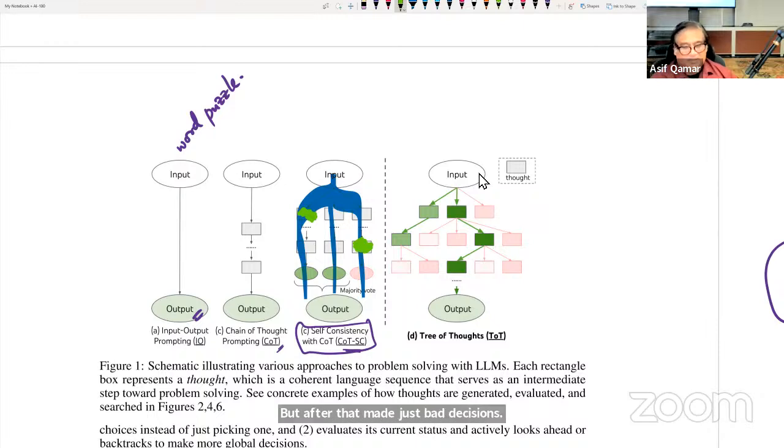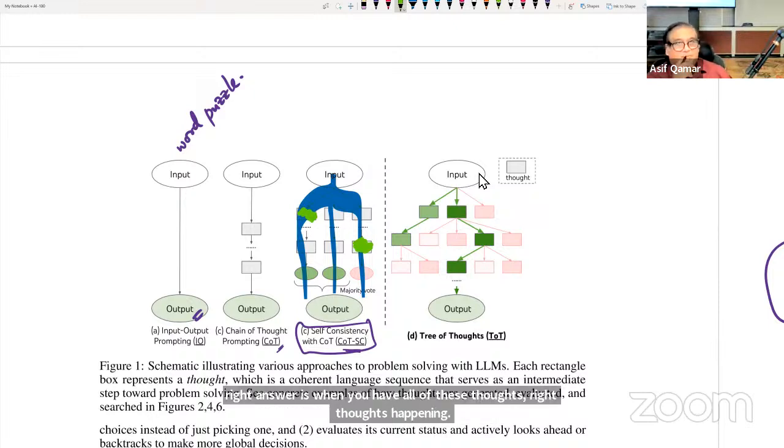Somebody else may have thought the second step really well with the poor first step, but after that gotten lost or something like that. I'm just giving an analogy. And none of them may have gone to the right answer. But it is possible that the right answer is when you have all of these right thoughts happening at the same time. Right? So the question is, can you do that?